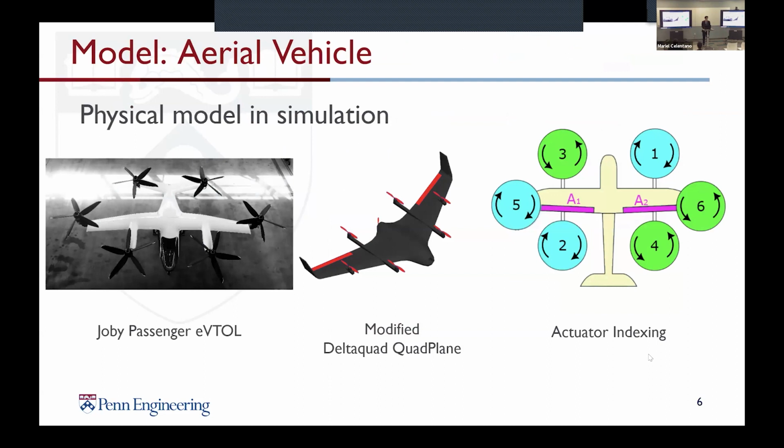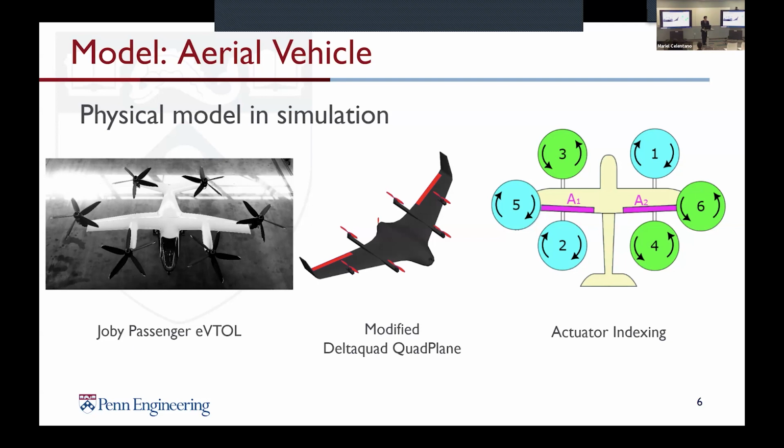So we have introduced why we want to do this research. How about we go through the model we use for the experiments? At first, we wanted to build our VTOL system, which is similar to popular commercial eVTOLs like the Joby passenger eVTOL. However, we didn't have access to it, so we modified an existing VTOL system, the Delta Quadplane, provided by the PX4 system.